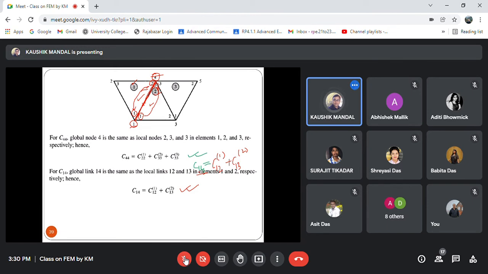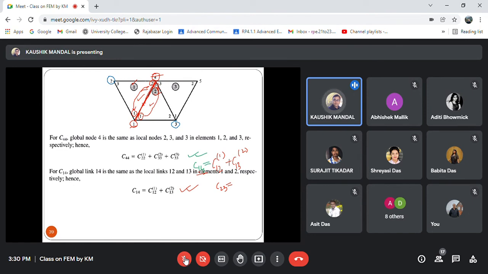Now suppose if you want to find out C23, what will be C of 2, 3? C of 2, 3 means global node 2 and global node 3. So first, we will mark the corresponding nodes. This is 2, this is 3.